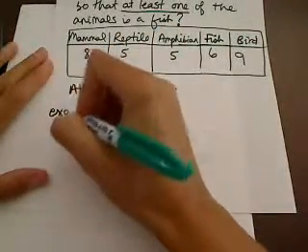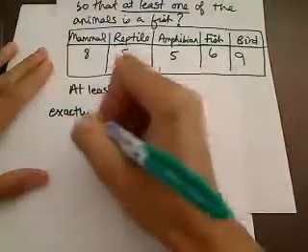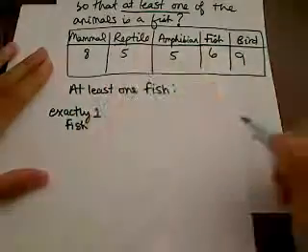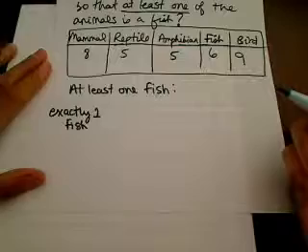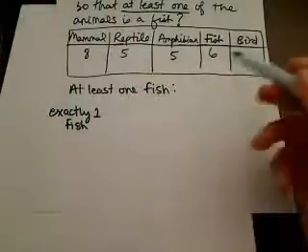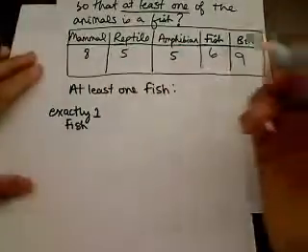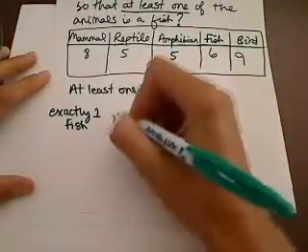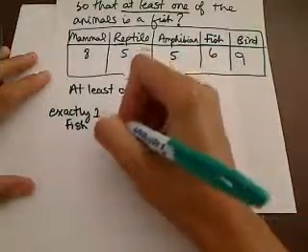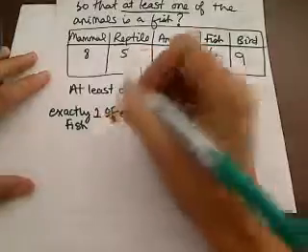We could have exactly 1 fish. Okay, so that would mean that we would have 1 fish and then 3 of some other of these types. I'm going to use the word or here.